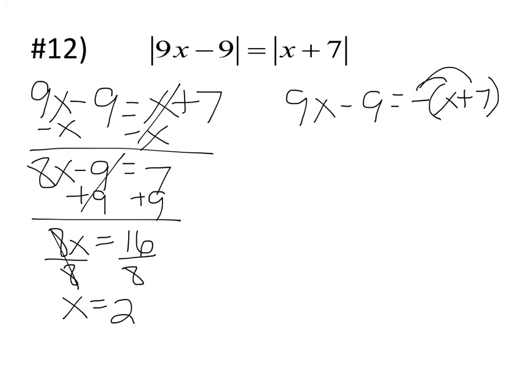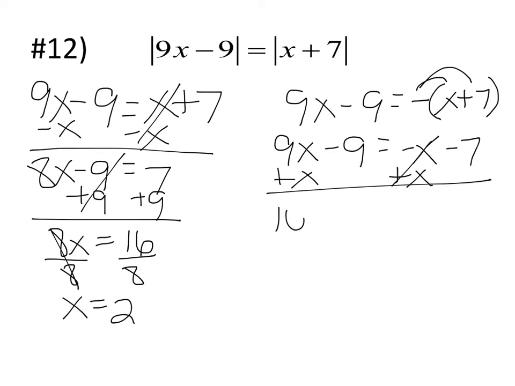Over here, distribute your negative. So you have 9x minus 9 is equal to negative x minus 7. Add x to both sides. You get 10x minus 9 is equal to negative 7. Careful not to forget your negative. Add 9 to both sides.